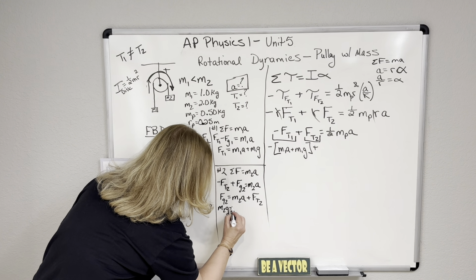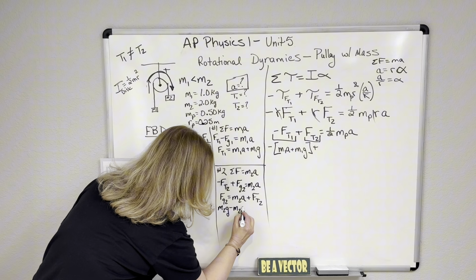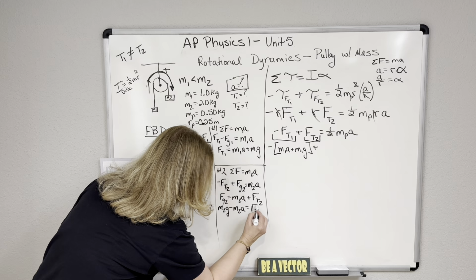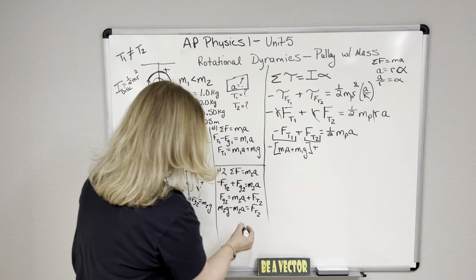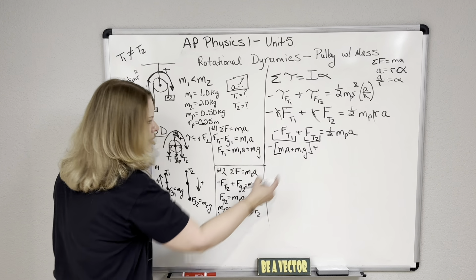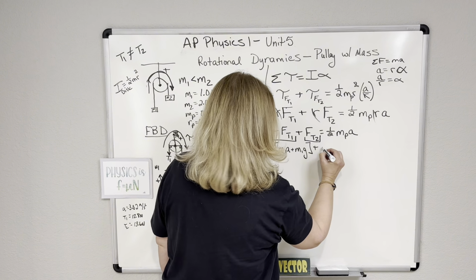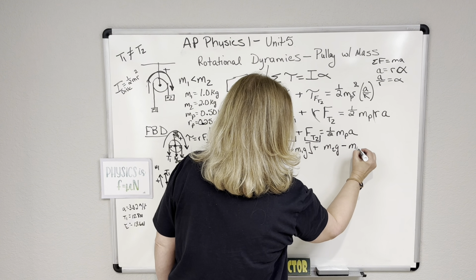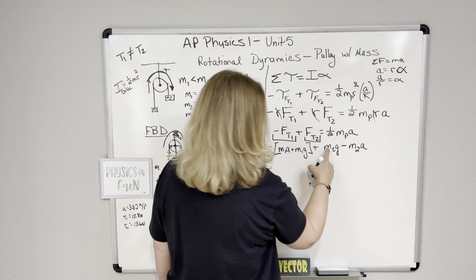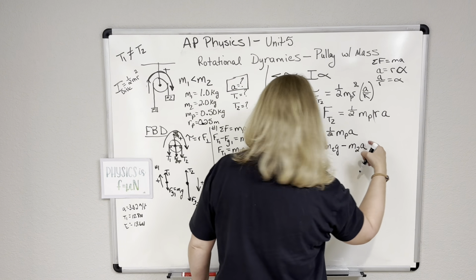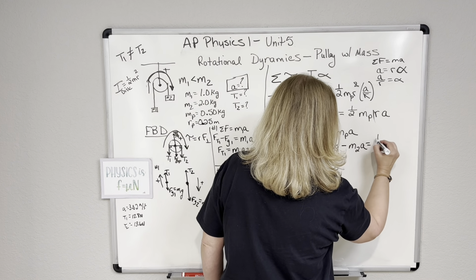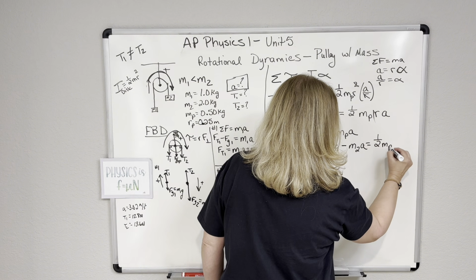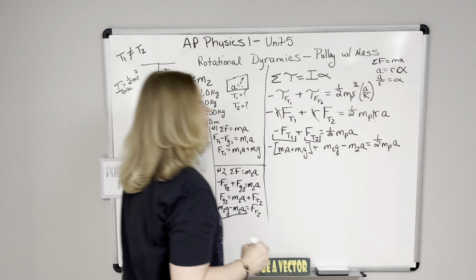So M2G minus M2 times acceleration equals that tension force 2. I'm going to take this little expression and plug it in for here. So I have M2G minus mass 2 times acceleration. So mass 2 times little g minus mass 2 times acceleration equals 1/2 mass of the pulley times acceleration.